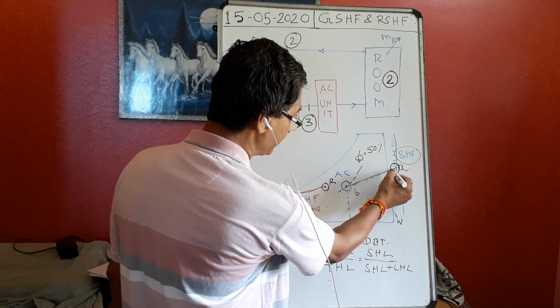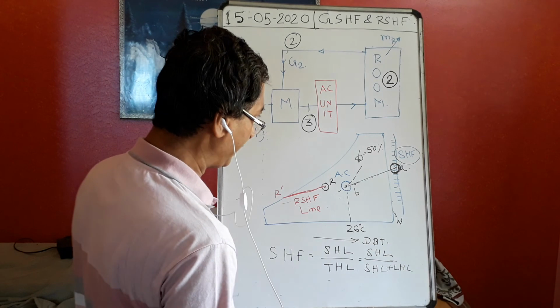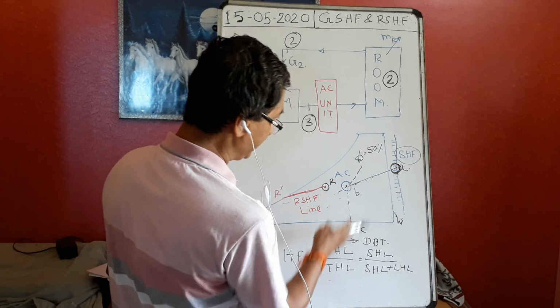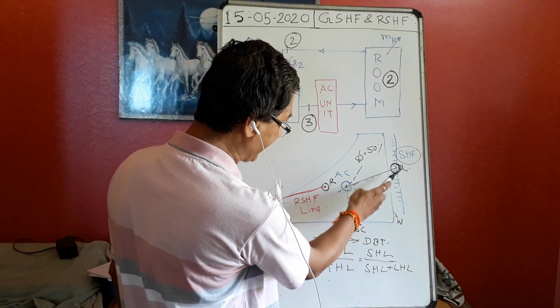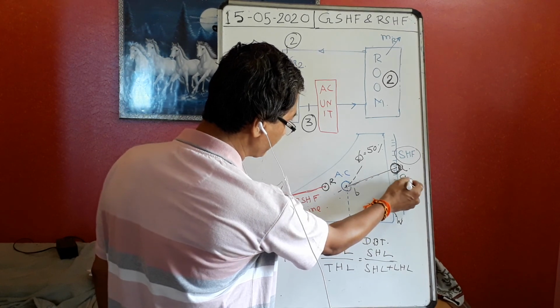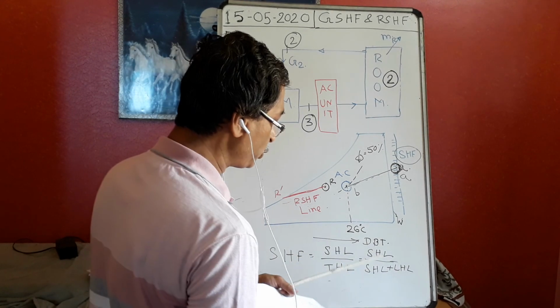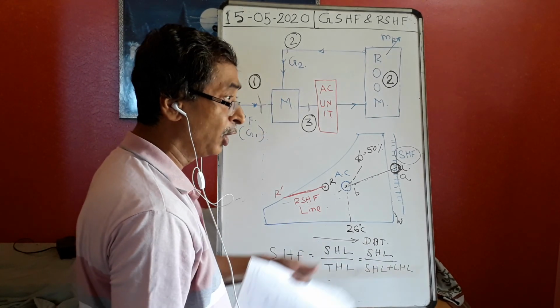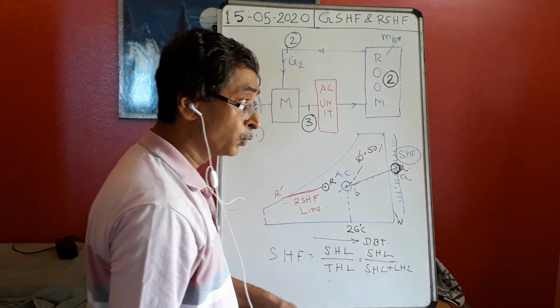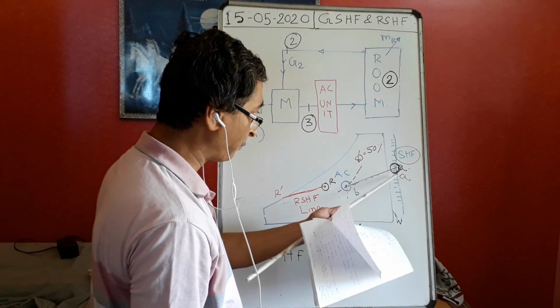So one point we have learned: on the sensible heat factor line, I can mark one point. That point is A. What is this point? It is the sensible heat factor, the ratio of the sensible heat load and the latent heat load of that particular hall which I want to design the air conditioning system for. So this is the point I can mark.